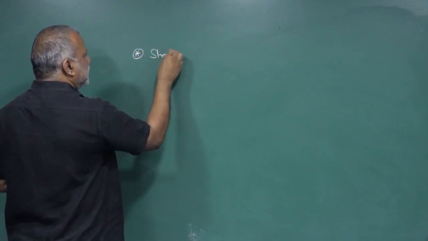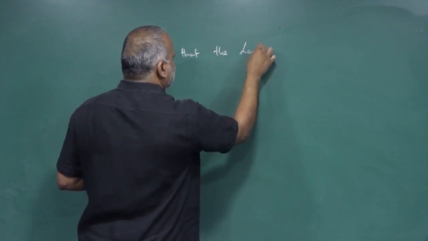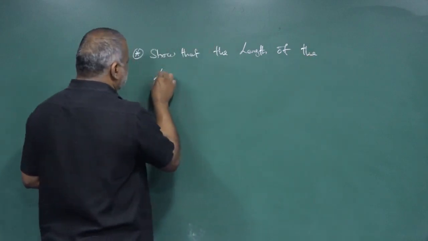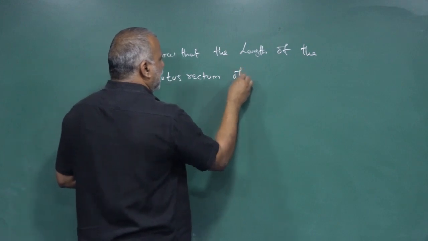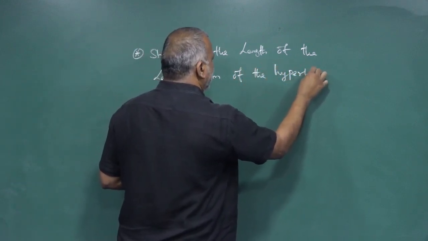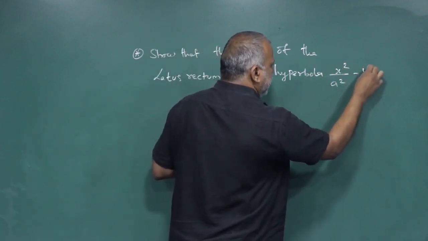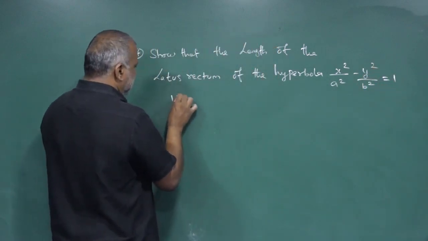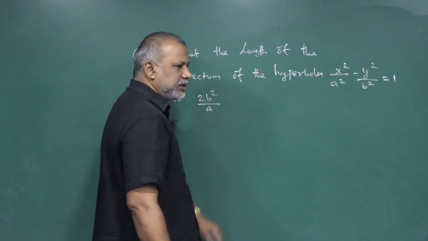Show that the length of the latus rectum of the hyperbola x squared by a squared minus y squared by b squared equal to 1 is 2b squared by a. In your book, they are asking a question like this.